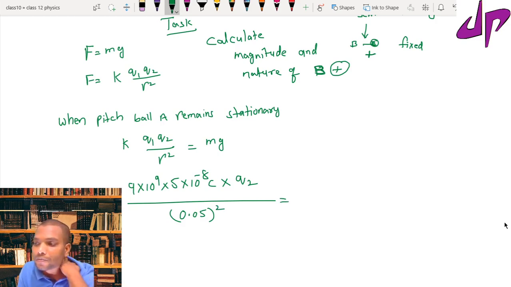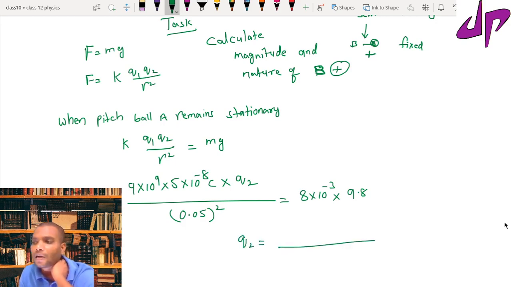The mass is given in grams, so 8 grams you convert in terms of kg, so 8 times 10 power minus 3 times the gravity value 9.8. If we solve this expression, you will get the final value of Q2.